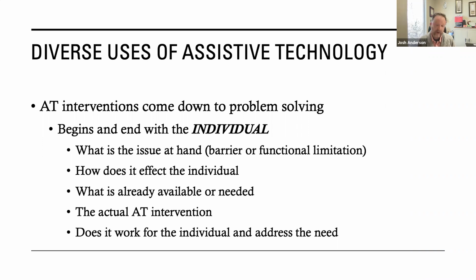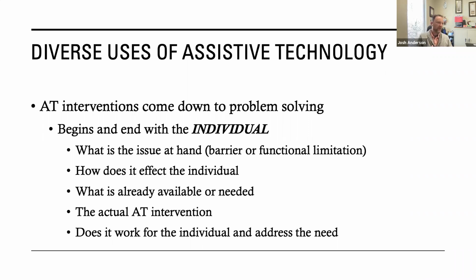Your words are very important and you are the expert. But when you're meeting with that individual to see what's going to work for them, they are the expert because they are the individual who will be using it. They are the individual who has experienced this barrier or functional limitation and know exactly how it affects them. So always keep the individual front of mind, and that's the most important part of any of these.